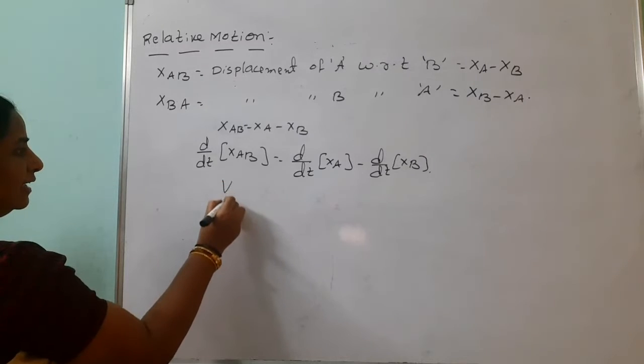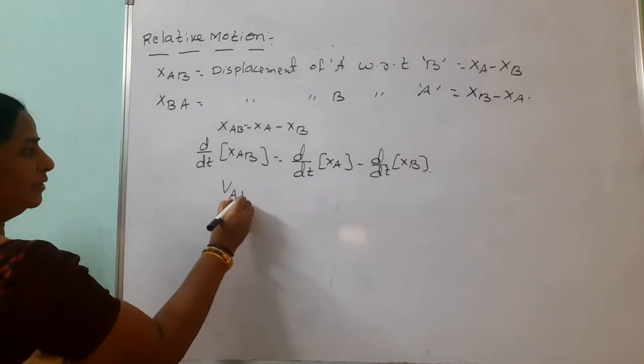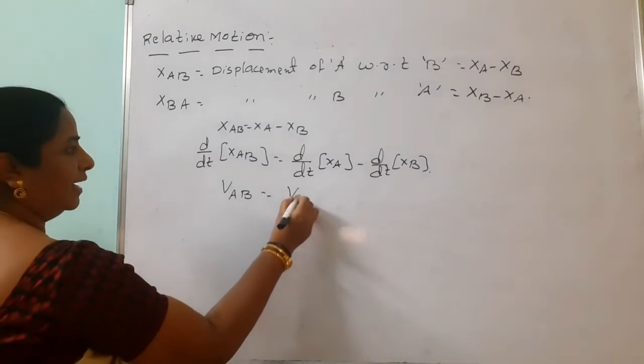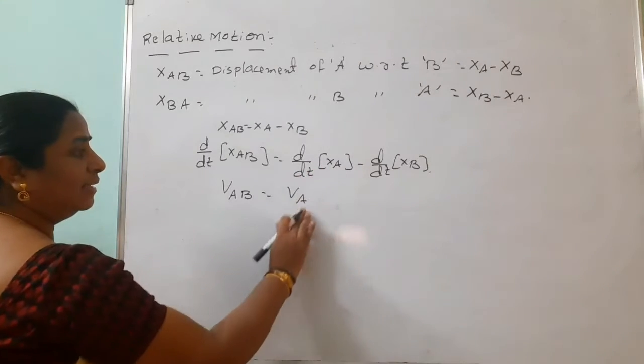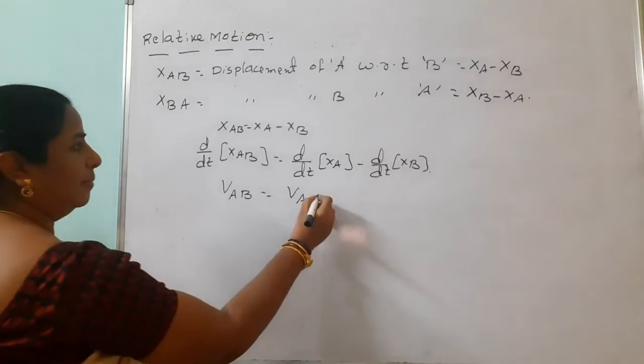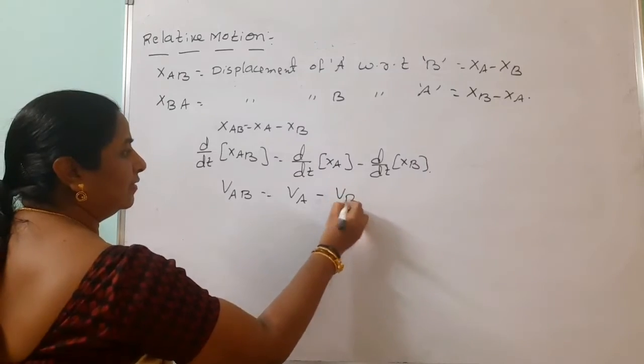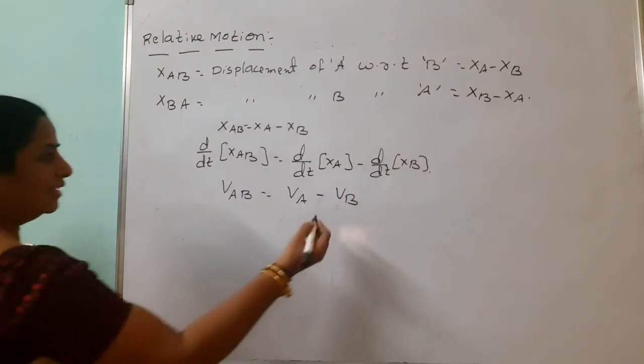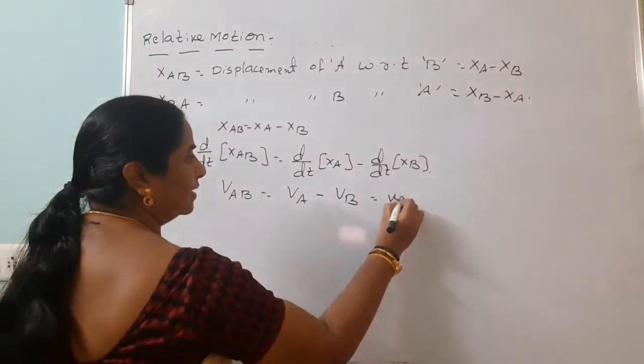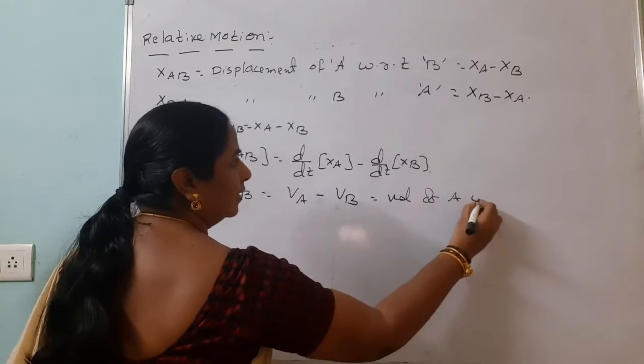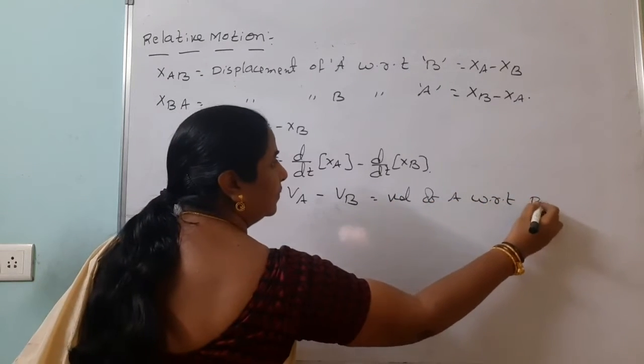This is the relative velocity of A with respect to B. Velocity of A, if they didn't mention anything, means it is with respect to ground, minus the velocity of B. So this is the velocity of A with respect to B.